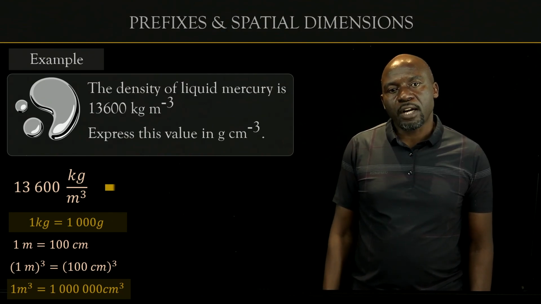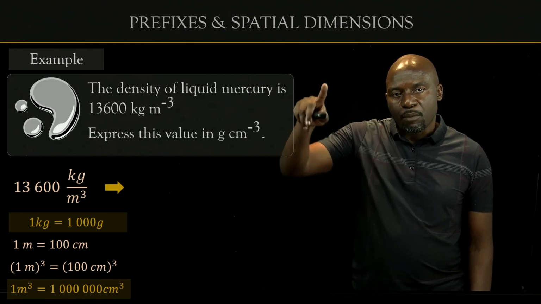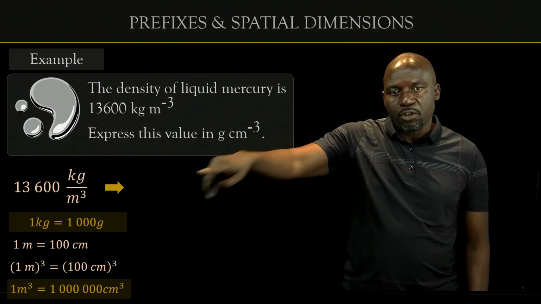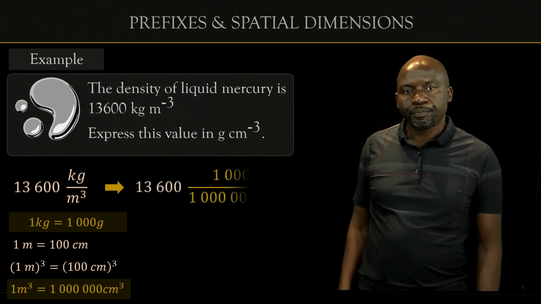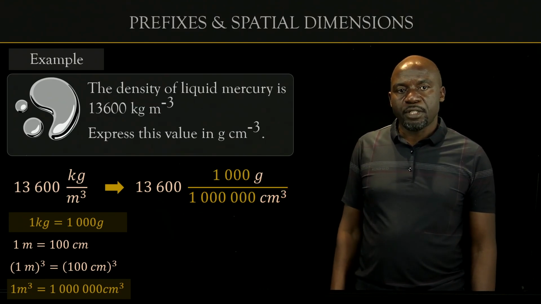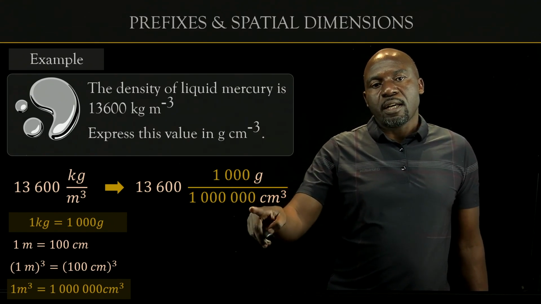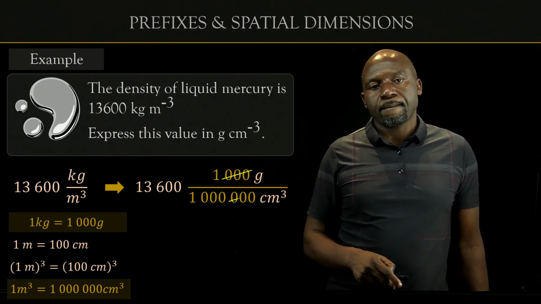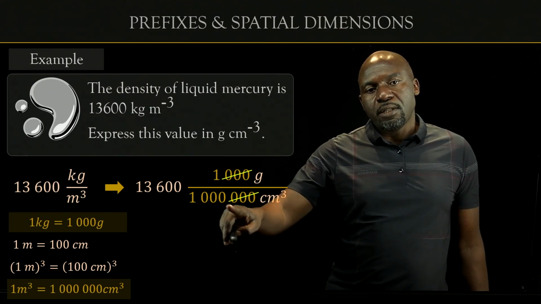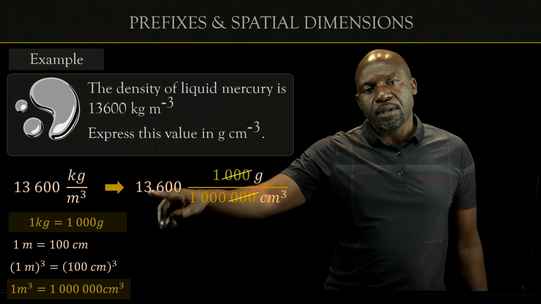So I can therefore write this as 13,600 multiplied by, up there I'm going to put 1000 grams, and at the bottom I'm going to put 1,000,000 centimeter cubed, like that. And now the 3 zeros here can disappear with 3 zeros here, like that. And these 3 zeros can move the decimal point back 3 steps.